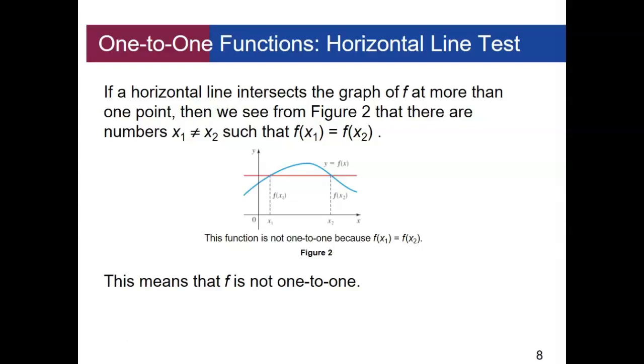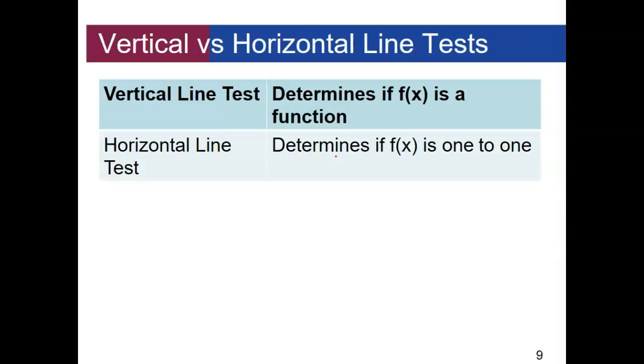So if it fails the horizontal line test, meaning it touches in more than one place, then it's not one-to-one. Just to summarize, the vertical line test will determine if it's a function, and the horizontal line test is going to determine if it's one-to-one and therefore has an inverse.